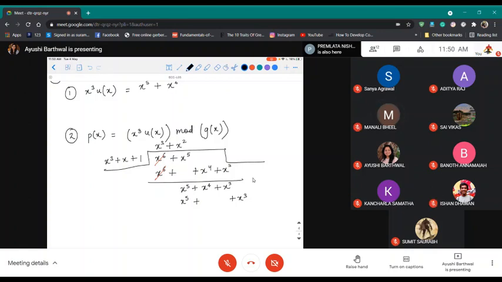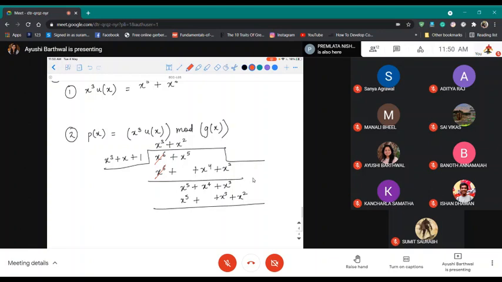And the second row would be x5 plus x cube plus x square. Taking XOR of these two rows, we get x4 plus x square.